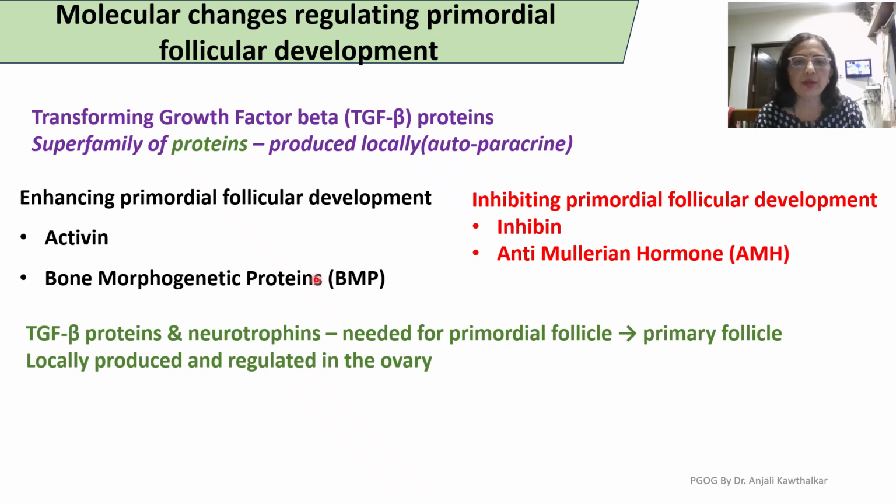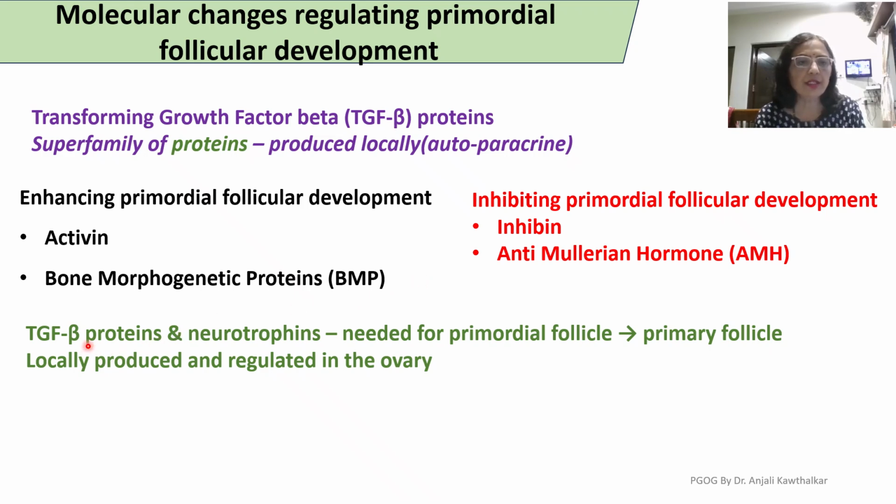So it is important to remember that two are enhancing, two are inhibiting. The names are easy to remember: inhibiting, inhibin, and anti-Mullerian hormone. Again, something anti is there, that means it will also be inhibiting. And the opposite is activin, which enhances primordial follicular development, and bone morphogenetic protein. These are the four important for initial development of the primordial follicle.